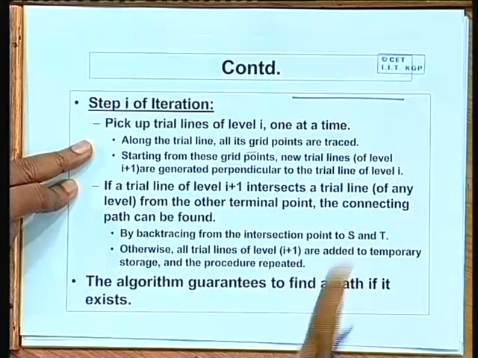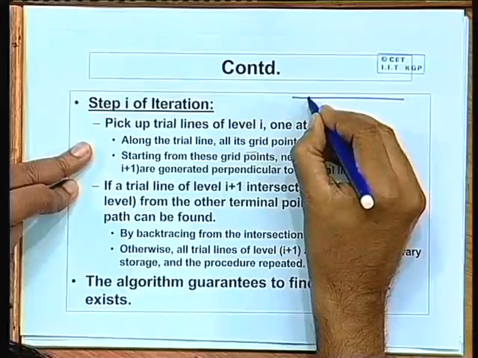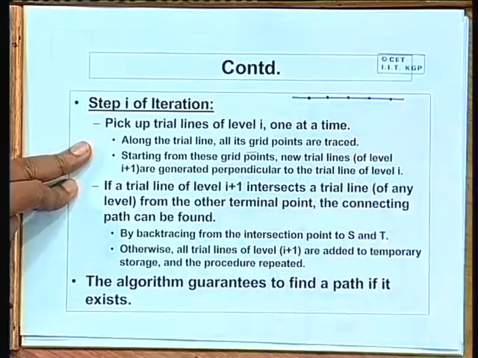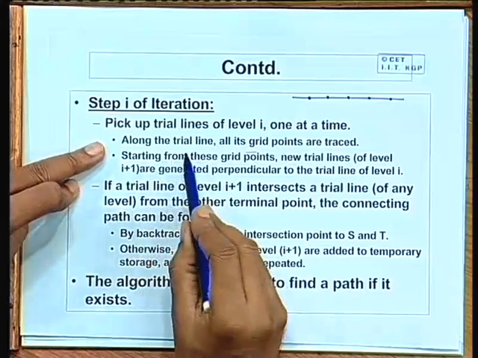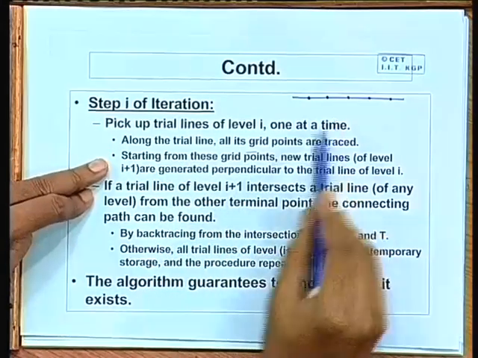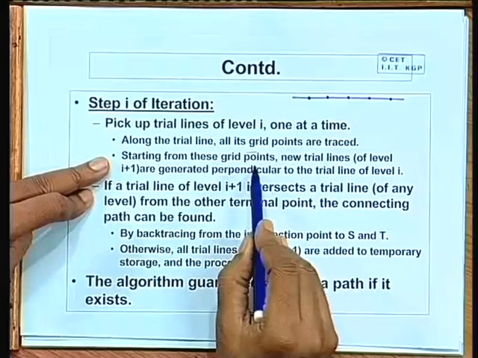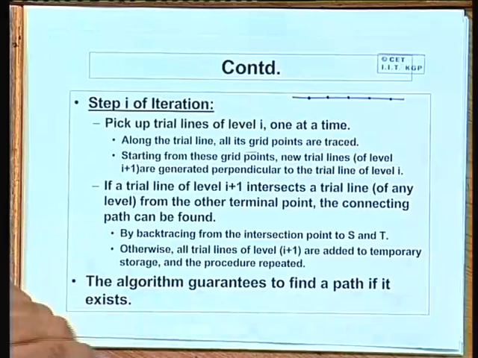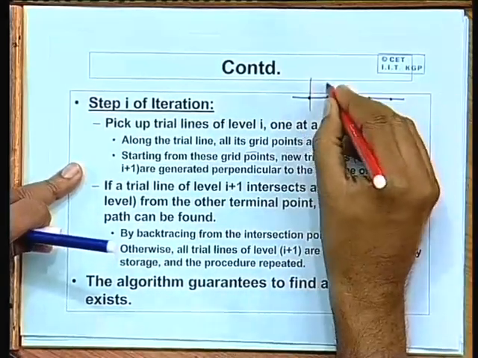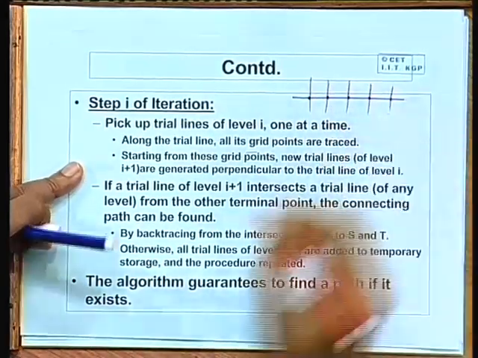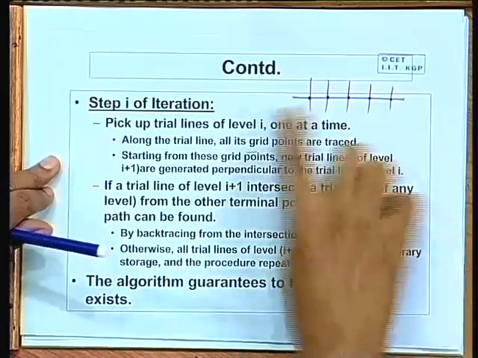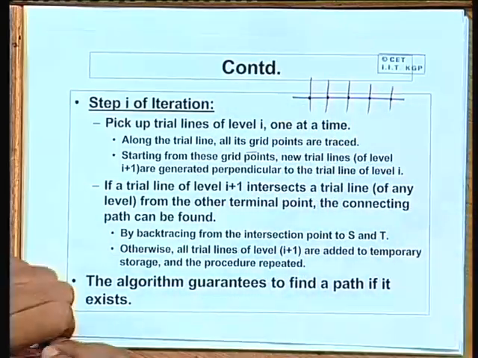Although we do not have explicitly the grid structure, we can identify the grid locations along this line. Suppose these are the grid locations. So along the trial lines, all the grid points are traced, and from these grid points new trial lines are generated which are perpendicular to the trial line from where you are exploring. So trial lines like these will be generated.